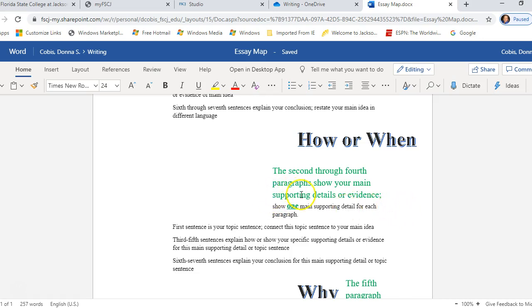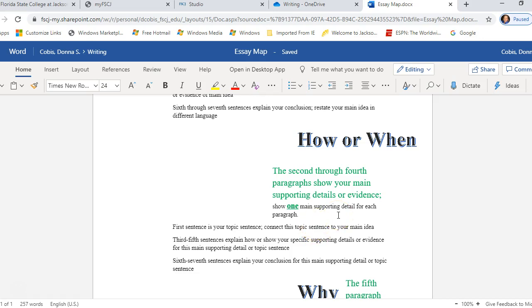Each of these paragraphs will pick up one of your supporting details. And then you will have a topic sentence, which should be connected to your main idea, and should be the first sentence of this second paragraph.